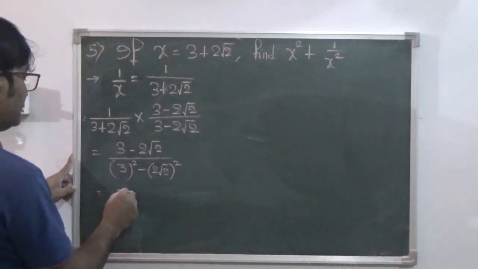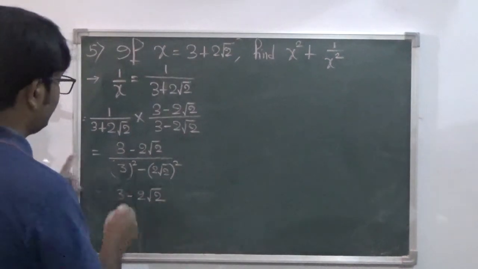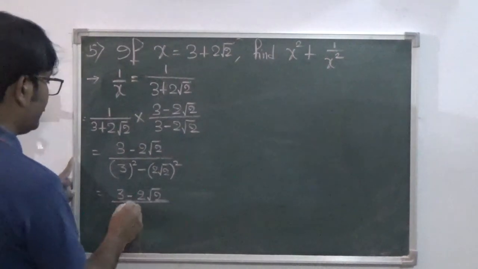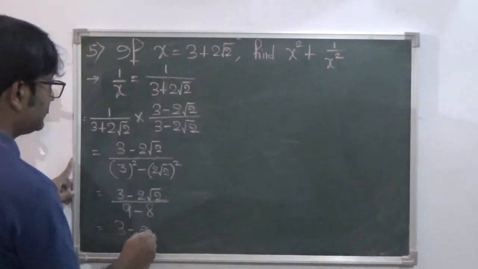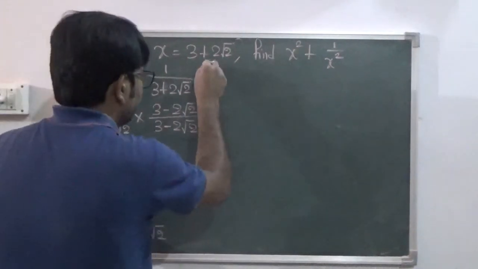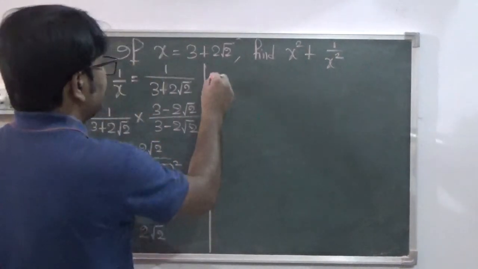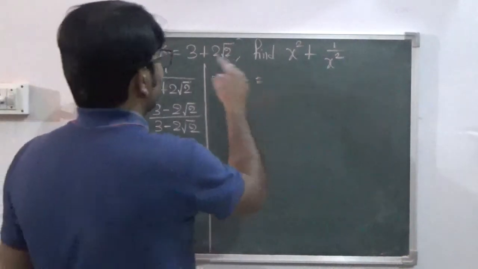So it is 3 minus 2 root 2, because it is divided by 9 minus 8. So it is 3 minus 2 root 2. So what you have to find is, let us find x plus 1 by x, and that is, x is what?